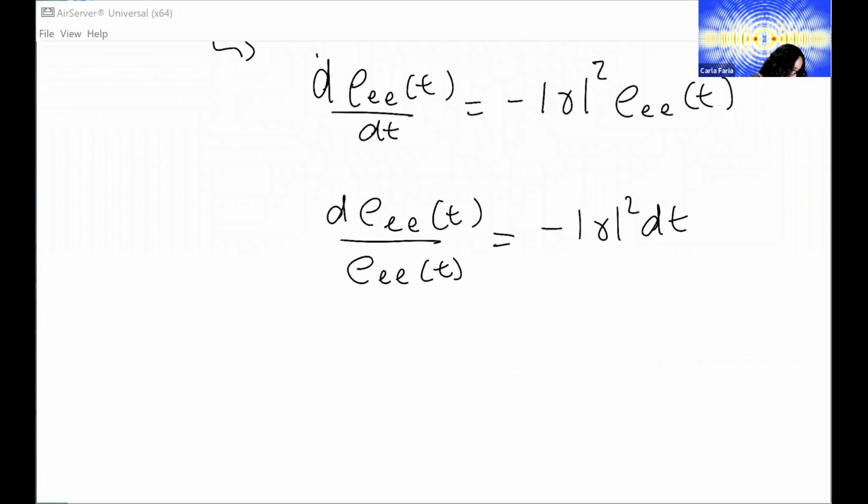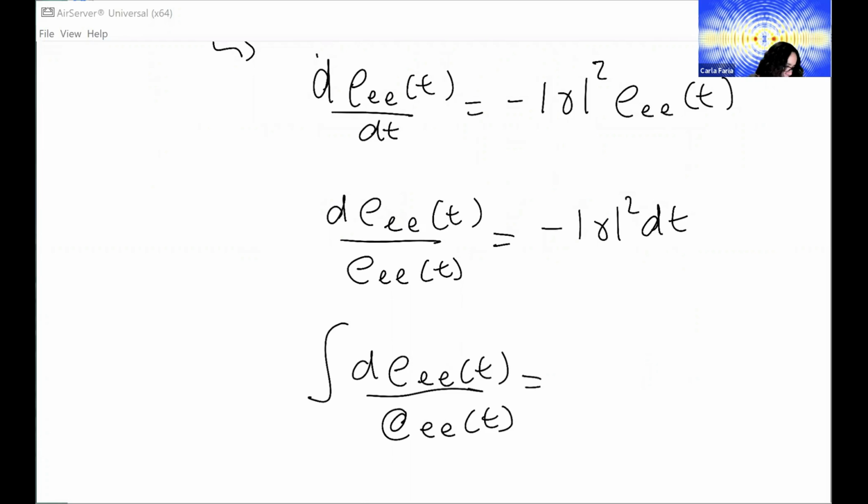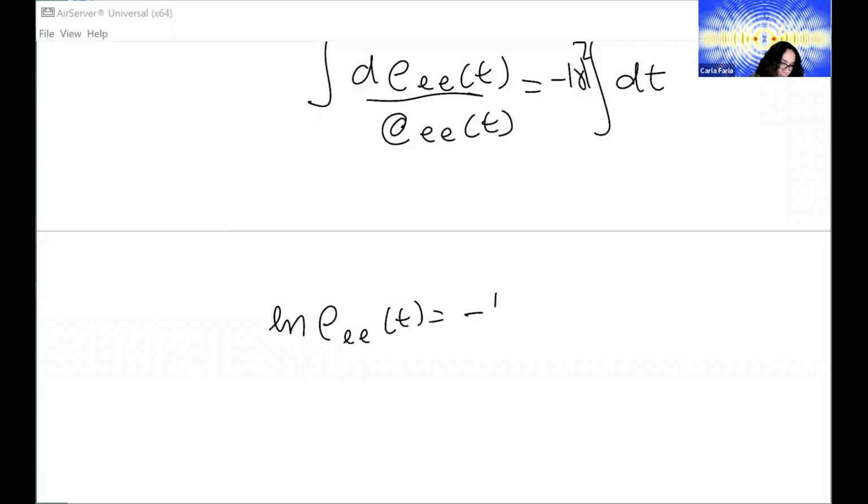So I integrate this: the log of rho_EE(t) equals minus modulus gamma squared t plus a constant.